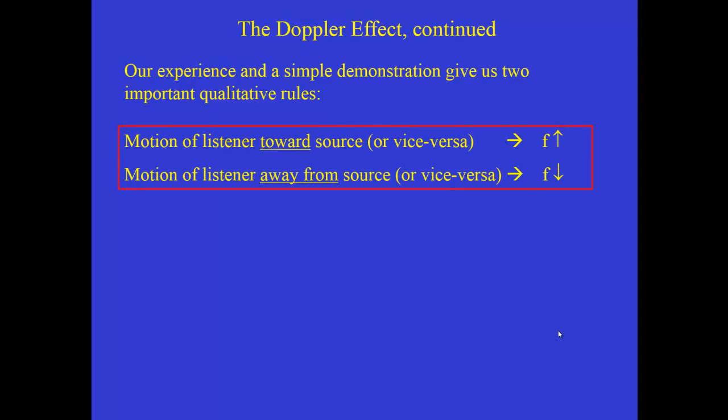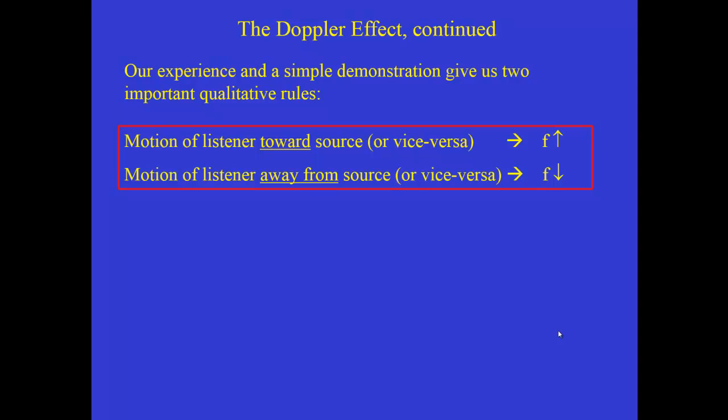The qualitative rules that we have to remember in order to correctly apply the equations that we're going to derive go like this. If the motion of the listener is towards the source, or the motion of the source is towards the listener, that's going to cause the frequency to go up.